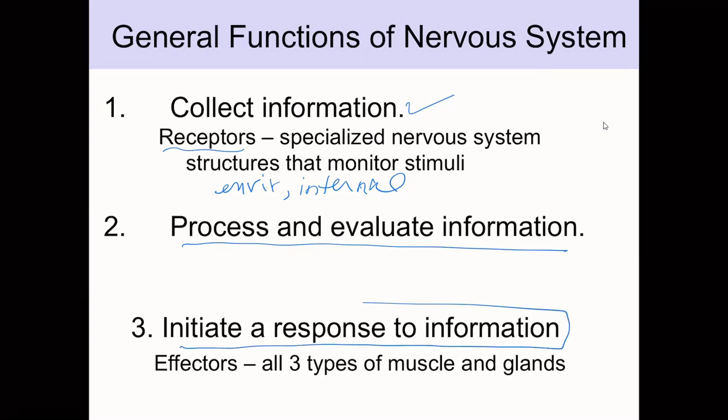The effectors, the things that are able to respond to the nervous system, are all three types of muscle, glands, and other neurons. Those are things that make a response occur.